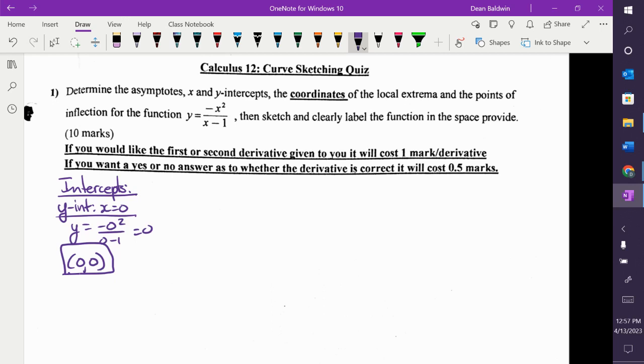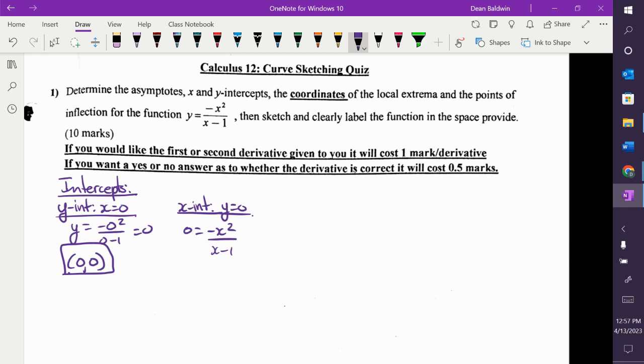Okay. Now we're going to do x-intercepts. Yes, it is, Vina. So x-intercepts are when y is 0. If you put y equal to 0 into here, the only thing you have to look at is the numerator, right?